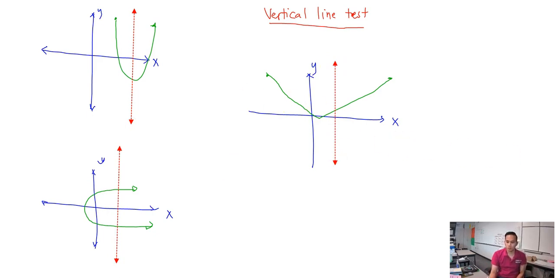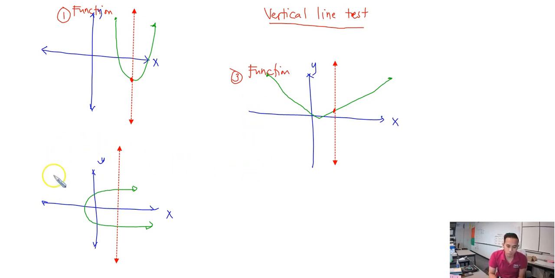Now, when will you say that it is a function or not? It is a function if your vertical line touches the graph once. So in number 1 and number 3, these are functions. This is also a function. Why? Because it touches my vertical line exactly once.